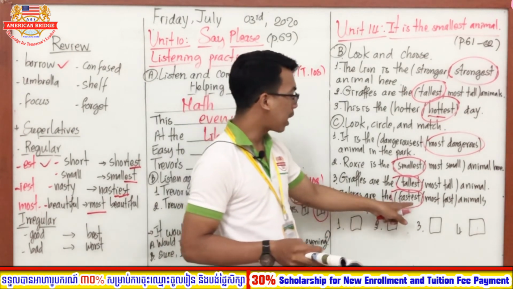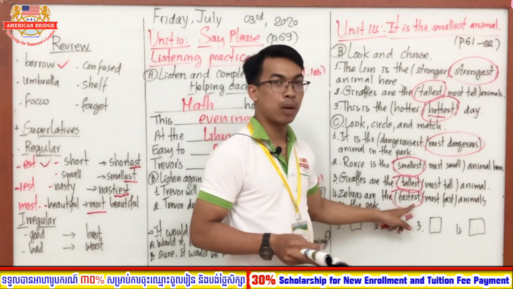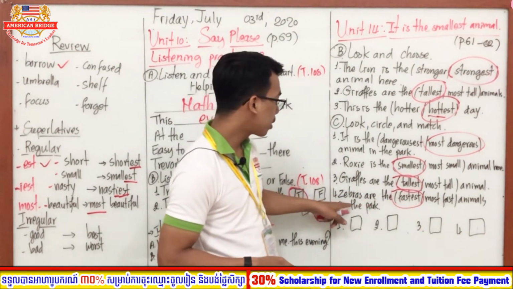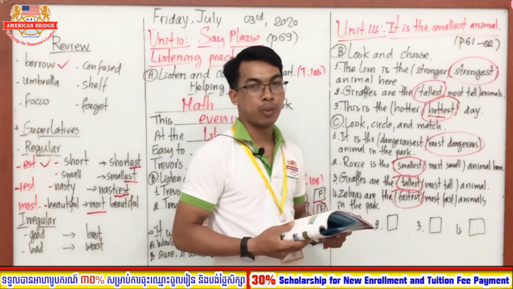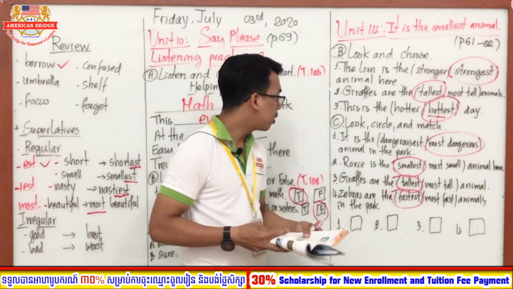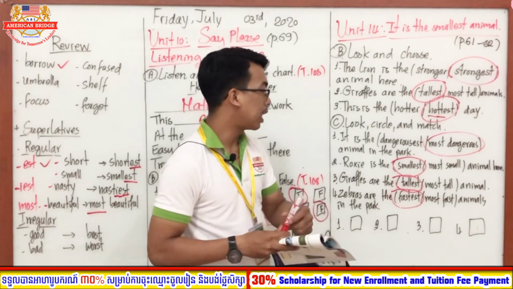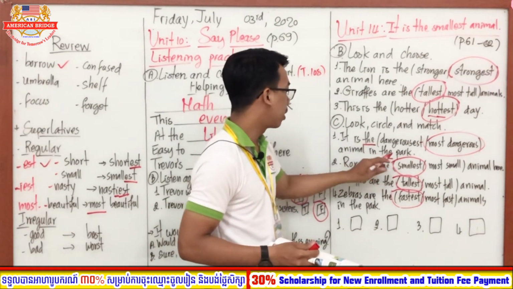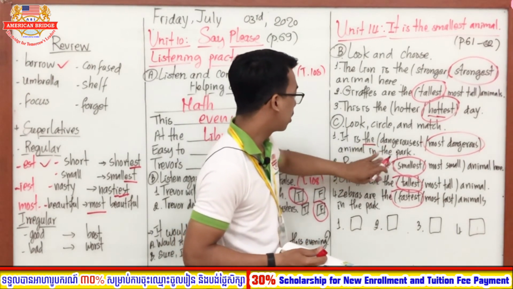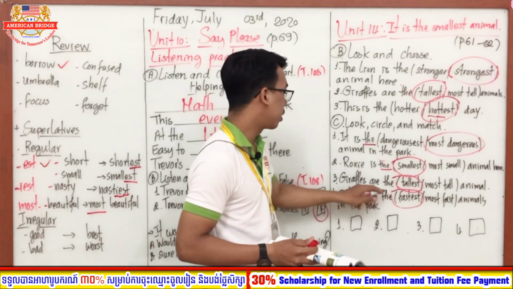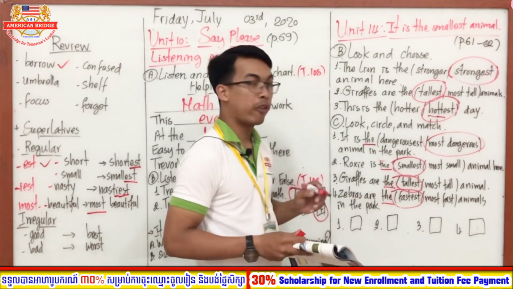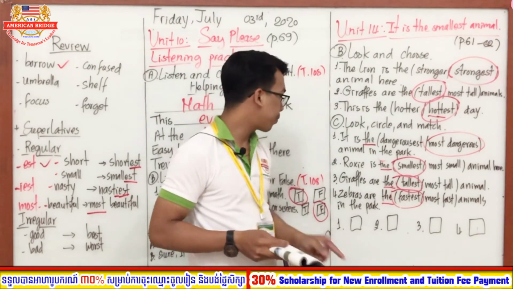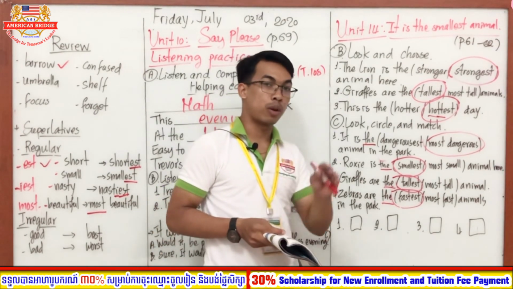So we just add est to the last letter and it becomes a superlative adjective. Good job, everyone. As you can see in the sentence, we have the article the before the superlative adjective. So now it's not the end yet. Let's move to the next step, which is match.